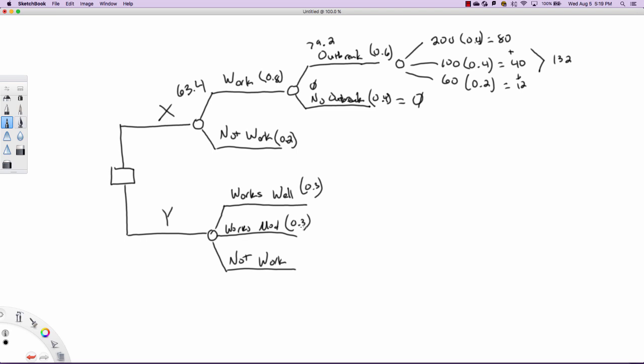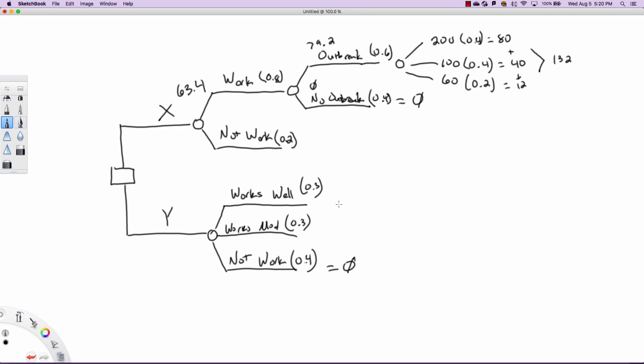There's a 60% chance it works, but it's split between does it work really well or does it work just kind of well. All these need to add up to 100%. I'm at 60% right now, so my leftovers 0.4, and that's kind of where we are right there. If it doesn't work at all, just like with drug X, 0 lives saved because, well, it doesn't work.